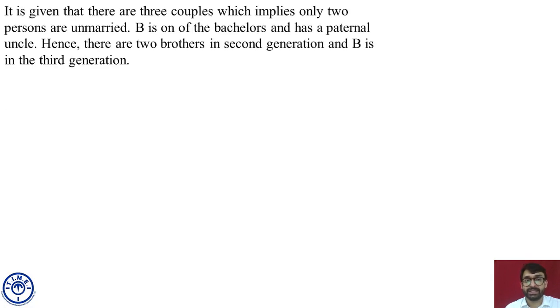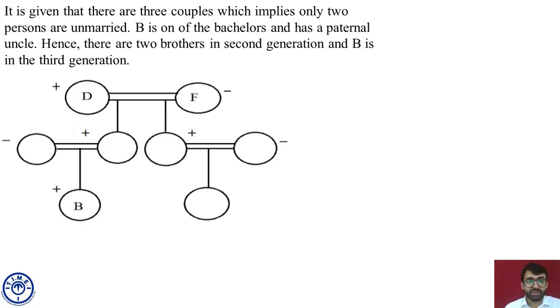It is given that there are 3 couples, which implies that 2 persons are unmarried. B is one of them. B is a bachelor, that means B is a male and has a paternal uncle. Hence there are 2 brothers in the second generation and B is in the third generation. That's what is mentioned in the question.